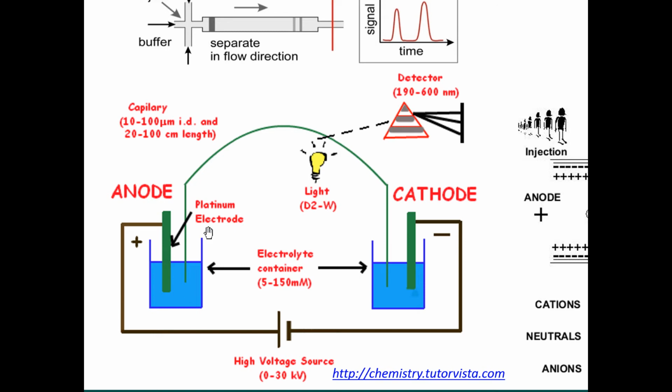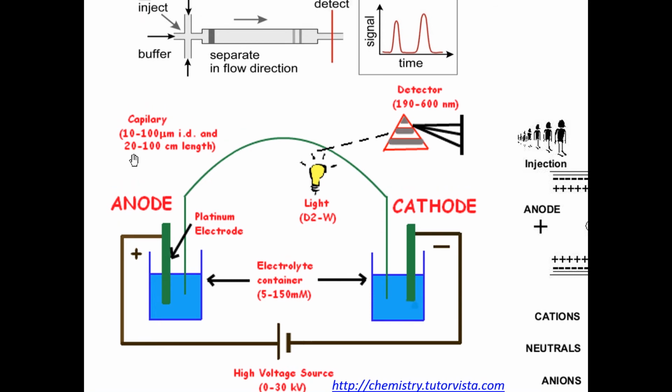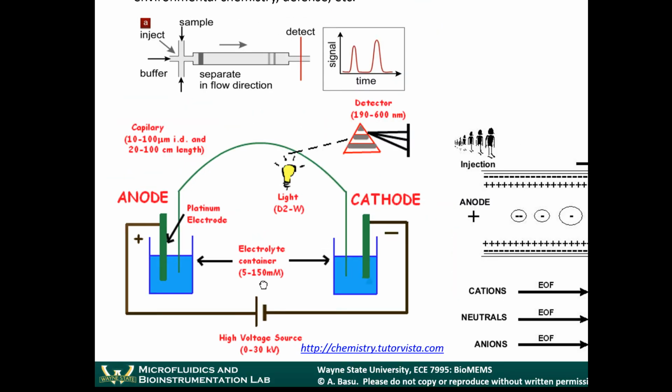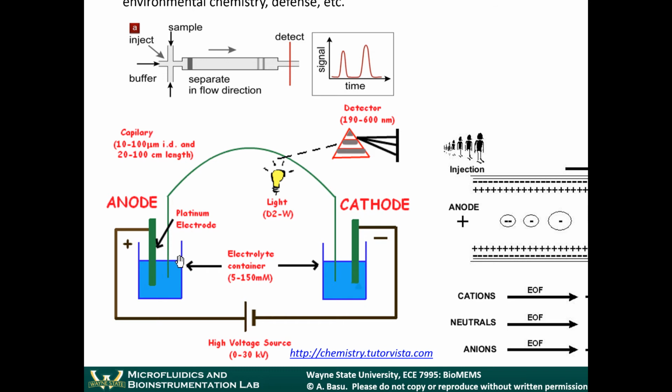The typical dimensions of the capillary would be something like 20 to 30 micrometers in diameter, all the way up to a couple hundred micrometers in diameter. And the length could be 20 to 100 centimeters typical. So if you have a sample, after you insert your sample, the sample is first inserted into the first few centimeters of the capillary, or the first centimeter, or even less.